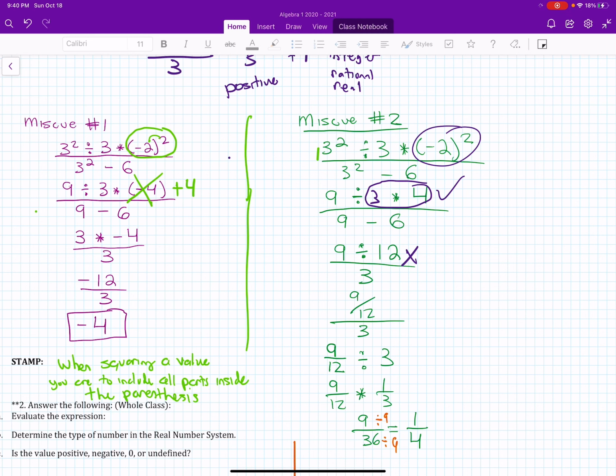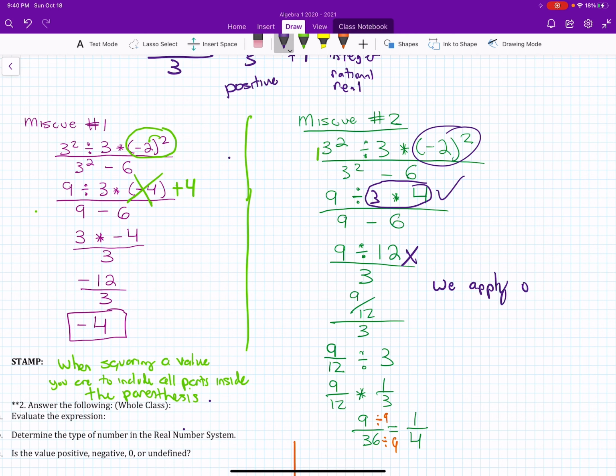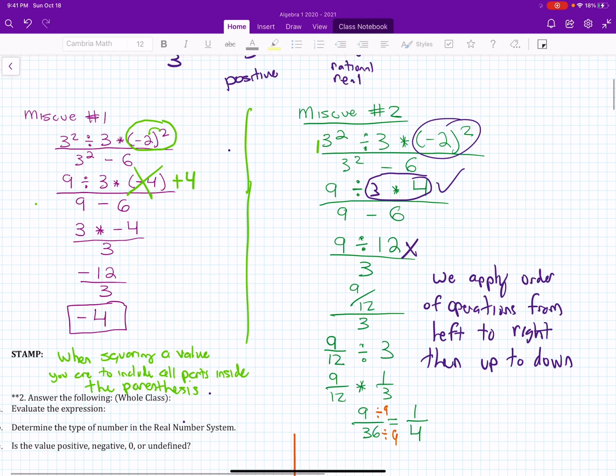We apply the order of operations from left to right, then up to down. Make sure you write this in your notebook.